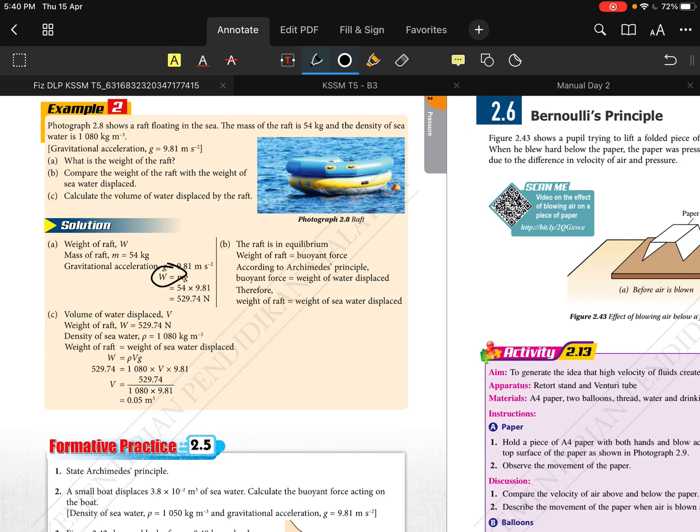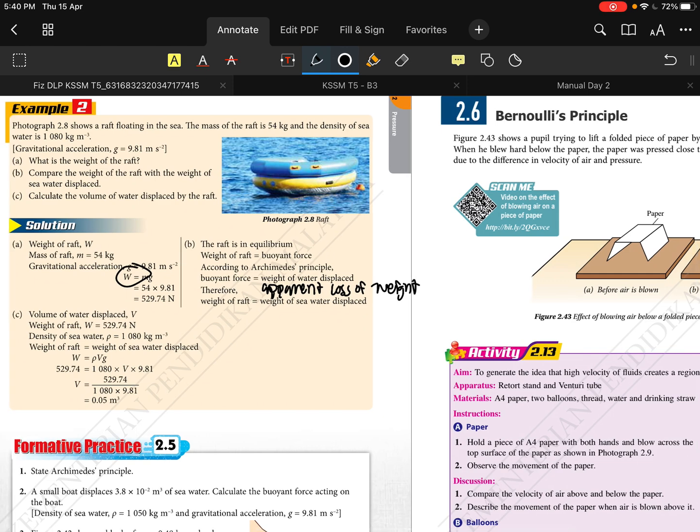Remember, the buoyant force is equal to the weight of the raft only when it's in equilibrium. However, in Archimedes' principle, the buoyant force is equal to the weight of water displaced, or the apparent loss of weight.